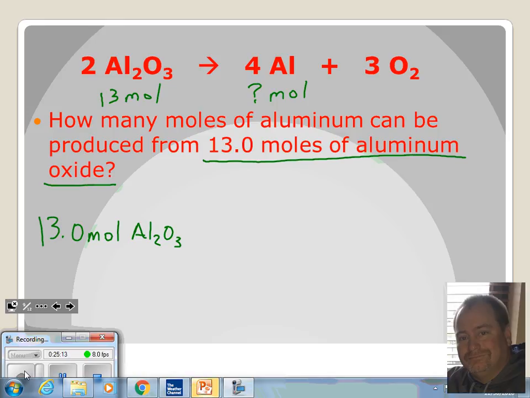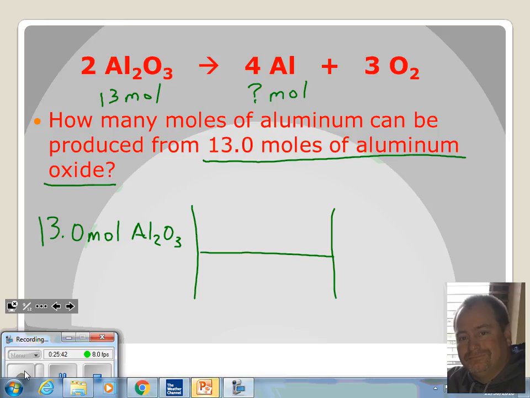In order to calculate my moles of aluminum, I'm going to use the conversion factor of a molar ratio. The only thing you have to figure out is, what do I put on top? What do I put on bottom? I've got my conversion bracket.